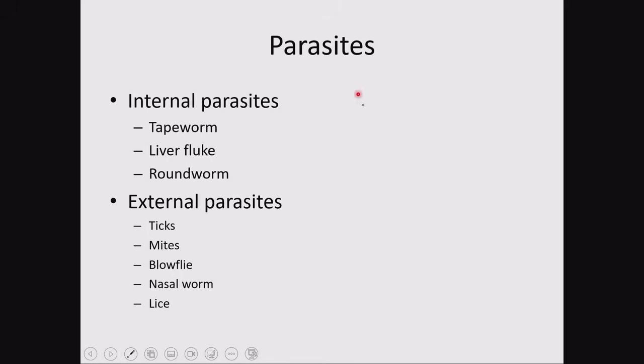Lastly, for question 3, the one other problematic area was the parasites. There are 2 types of parasites. We have internal parasites and external parasites. Examples of internal parasites are the tapeworm, liver fluke, and roundworm.